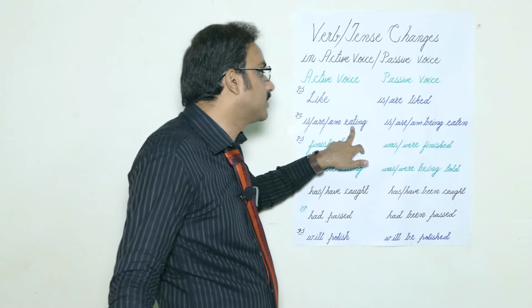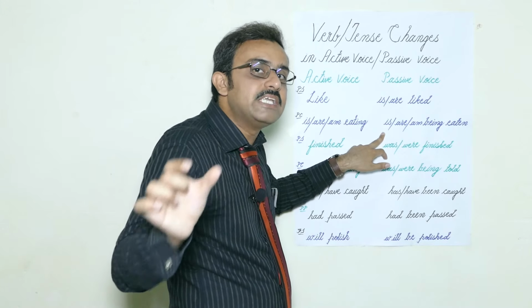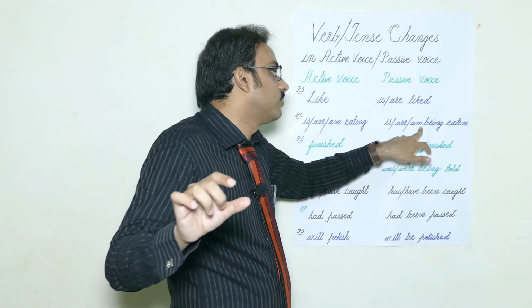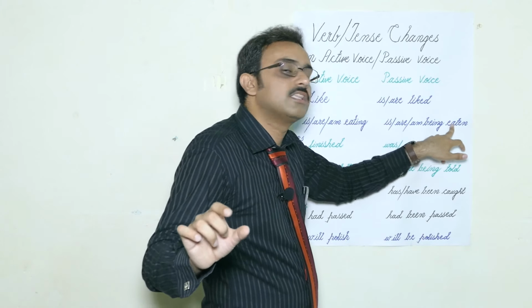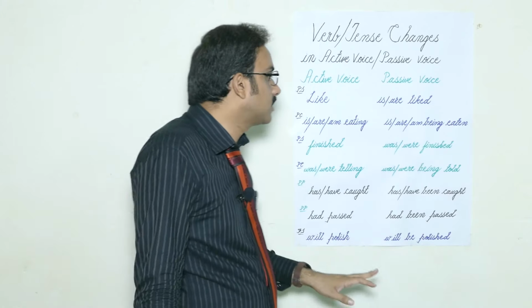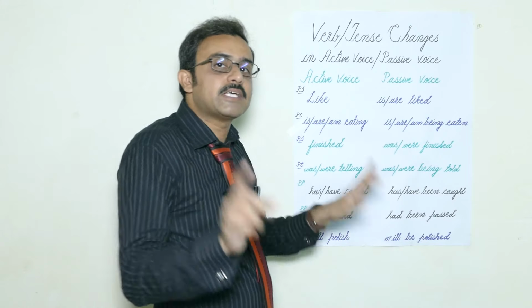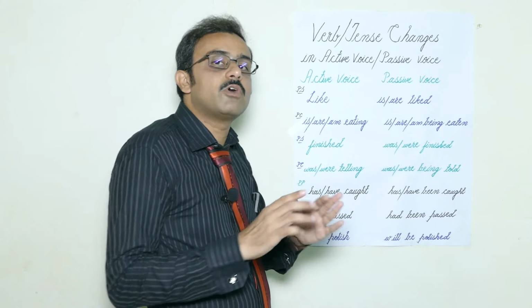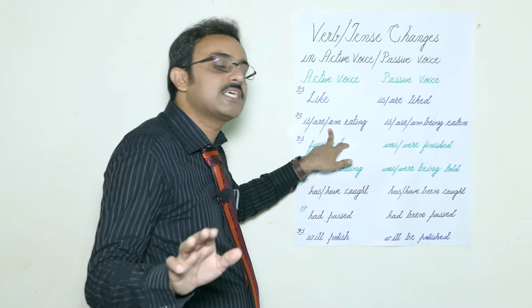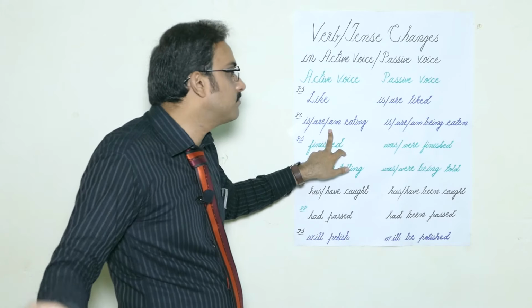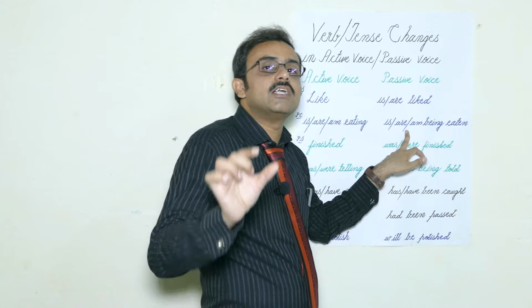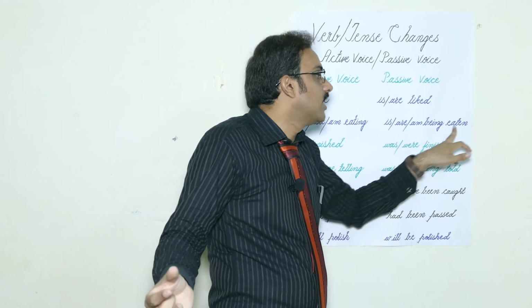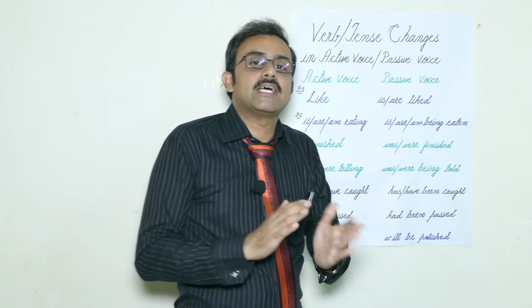They are eating apples. Apples are being eaten by them. First we use are, then being, and then eaten, third form. Got that? In present continuous, in active and passive, we use the same auxiliaries is, are, am, but in passive we add being after the auxiliary and then third form of verb, past participle.